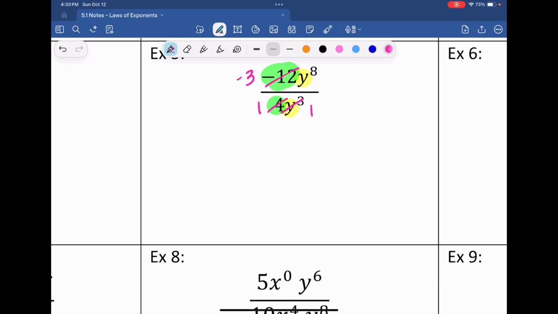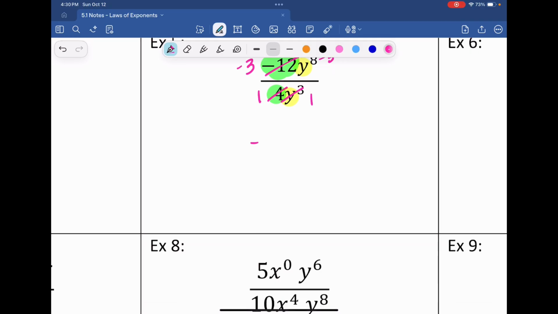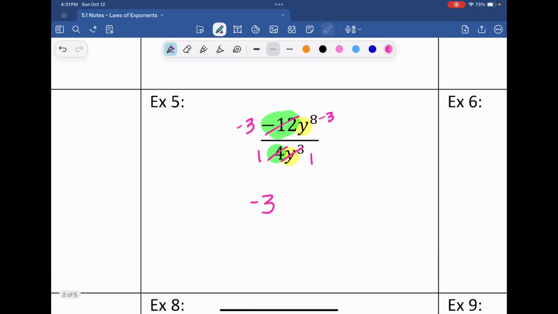Let's put a 1 in its place, bring it up to the 8. That was a positive 3. Now you subtract. So what I've left in the numerator is a negative 3. And then y to the 8 minus 3 is y to the 5th. Then you have a 1 in the denominator. You don't need to keep a 1 in the denominator. You do need to keep a 1 in the numerator, but not denominator.